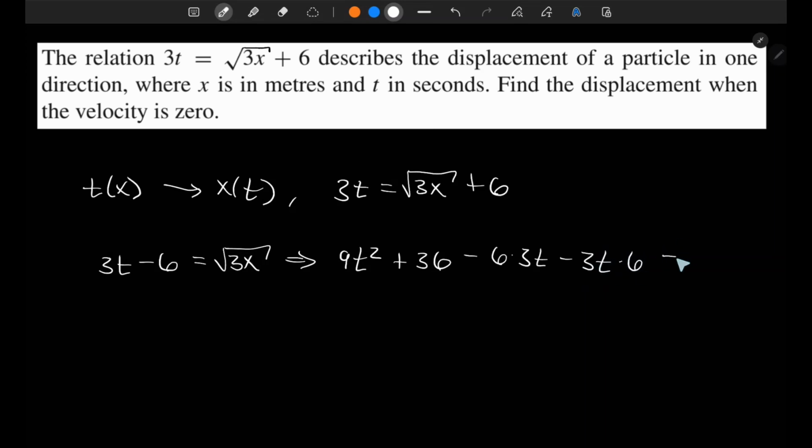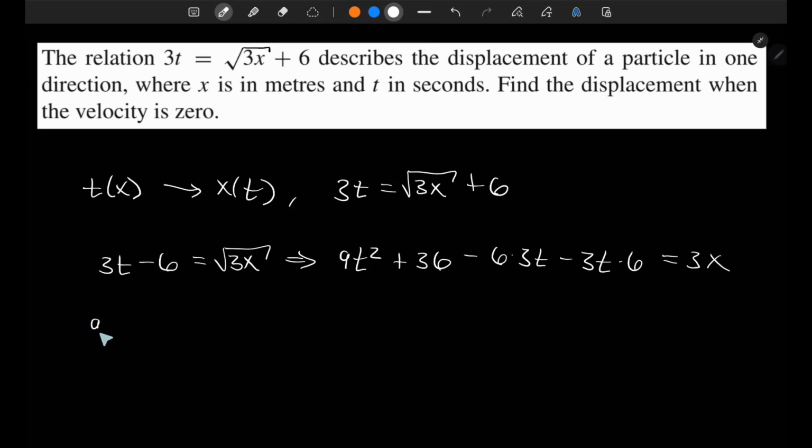And this is equal to 3x. Let's add these two terms together first.